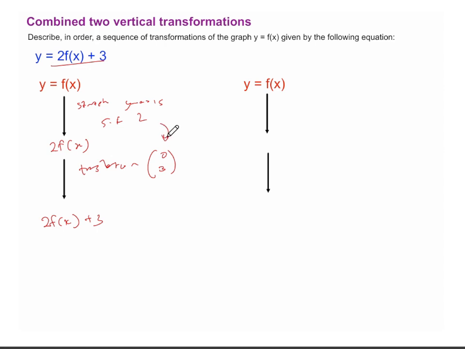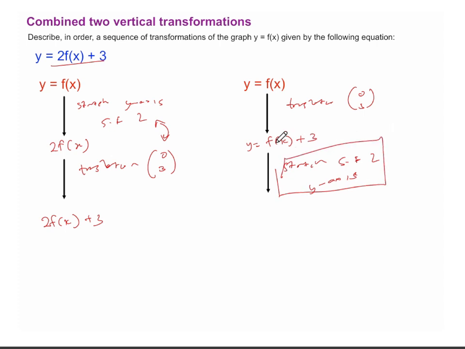Now, what if we switch these around? Remember, both of these are vertical transformations, and so they do depend on each other. Let's see what happens. Let us start off with the translation, (0, 3), and we end up getting y equals f(x) plus 3. And then we want to stretch by scale factor 2 in the y direction. And here, what does this do?